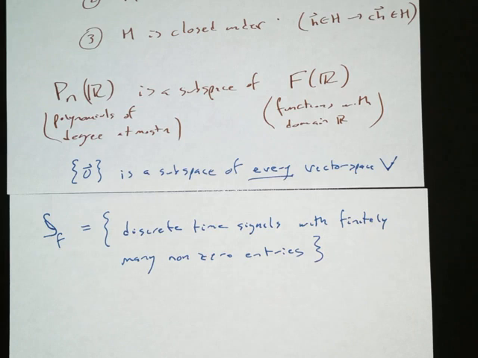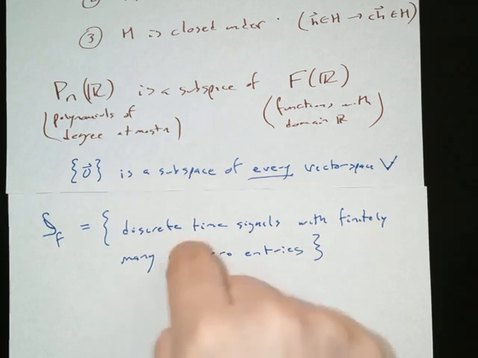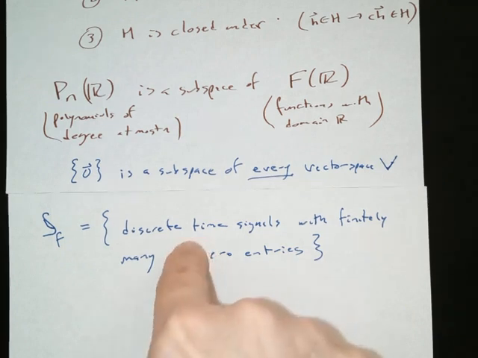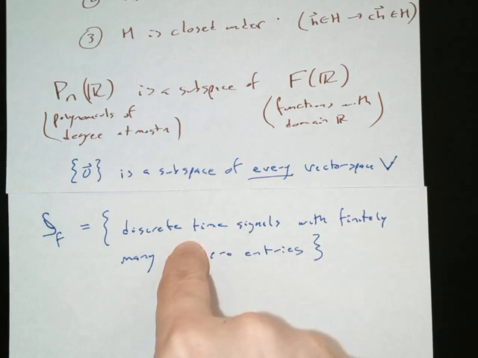We call these signals with finite support because they only exist between two finite values. I don't know what those values are, and each signal could have a different finite support. But each signal has a lowest non-zero entry and a highest non-zero entry. So the signal 0, 1, 0, 1, 0, 1, 0, 1, 0, 1 is not in here. That keeps going on and on forever.